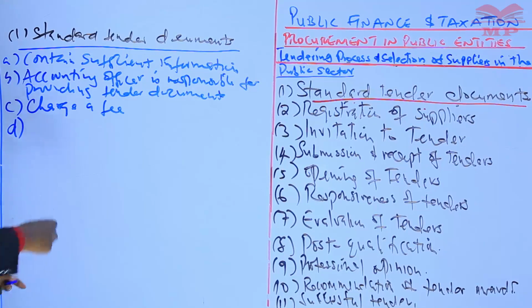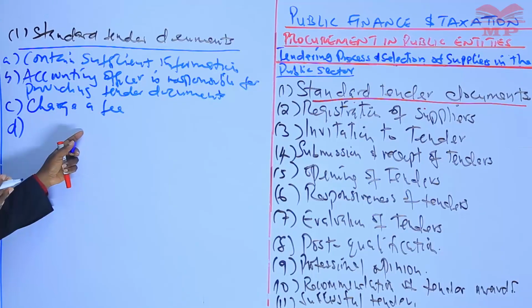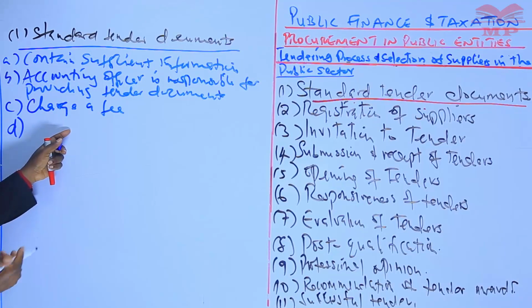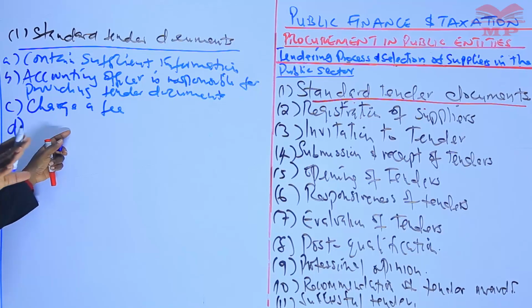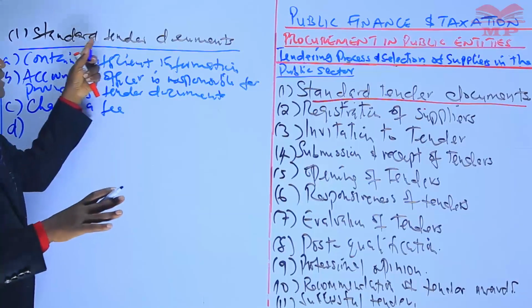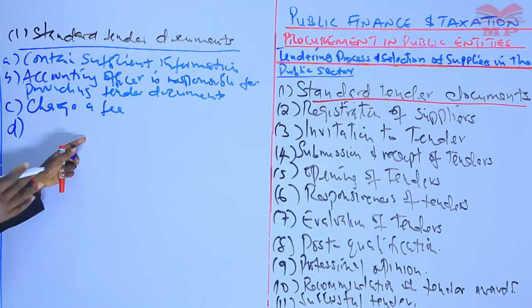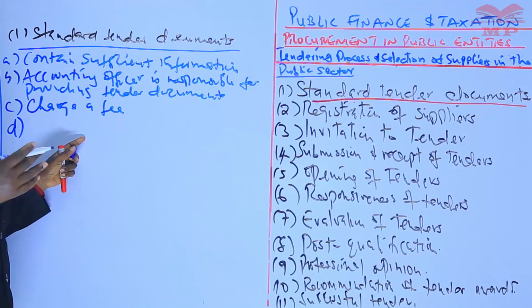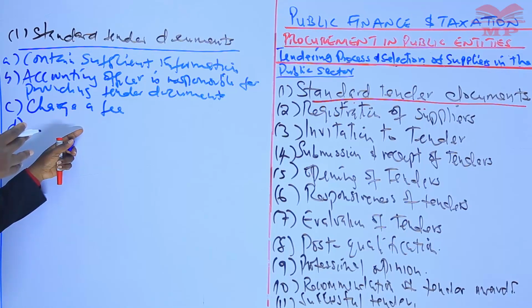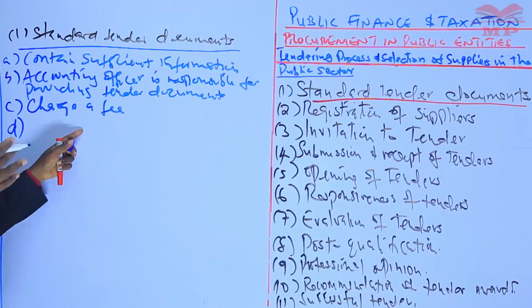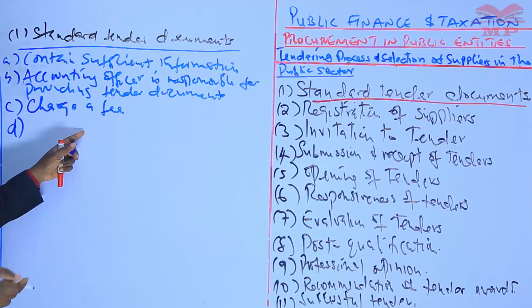Then D, the tender documents should also specify requirements prepared. Okay? The standard tender documents should specify the requirements relating to the goods, relating to the services being procured, and the time limit for delivery or completion.